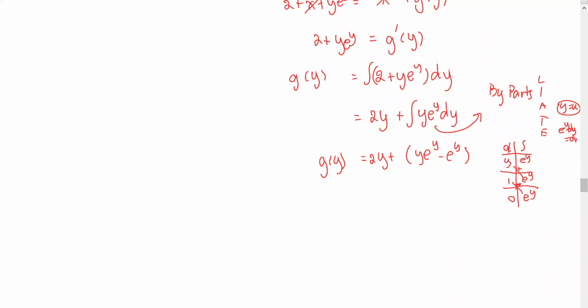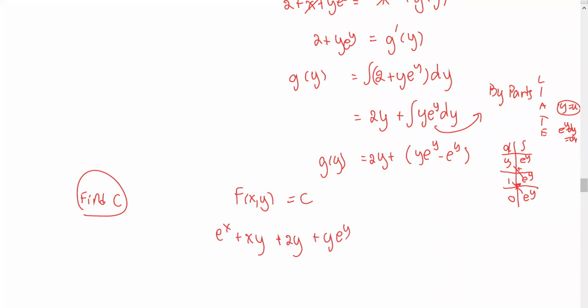Now we're going to find the c. From the general solution, which is f(x,y) equals c, our f(x,y) is in the form e to the x plus x times y plus 2y plus y e to the y minus e to the y equals c.